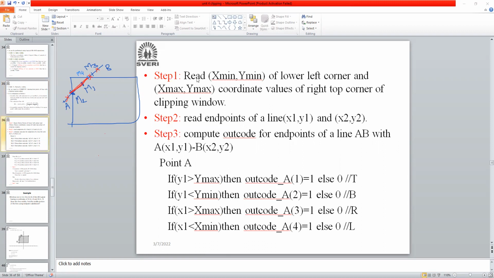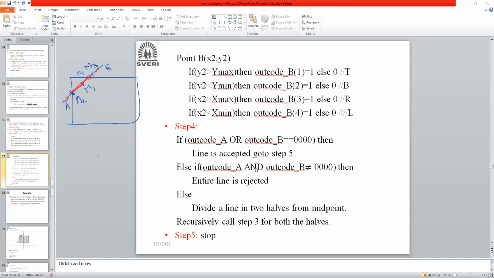First, read the dimensions of the window, draw the clipping window. Second, read the endpoints of the line, draw the line. Third, find the outcode of the line and check whether it is accepted, rejected, or partially visible. So up to this step, it is the same, and only this step is different.